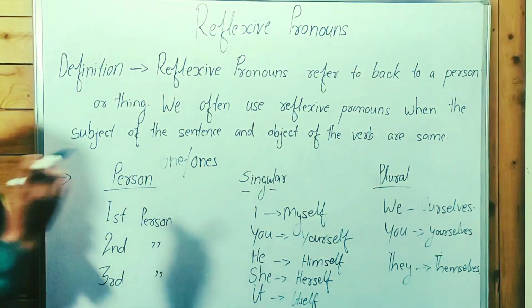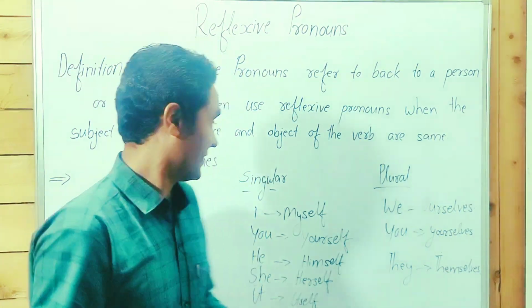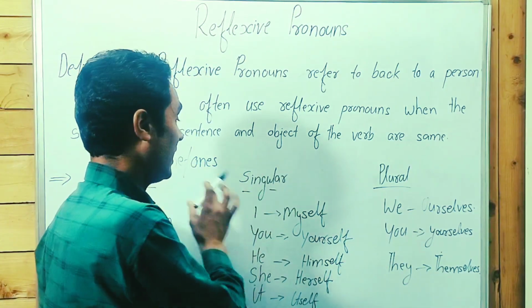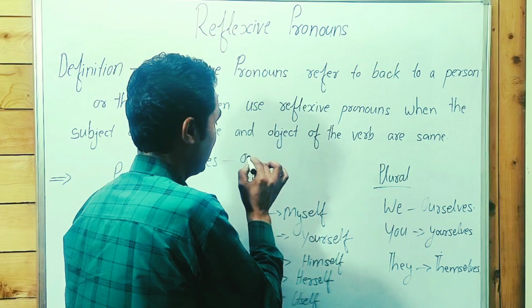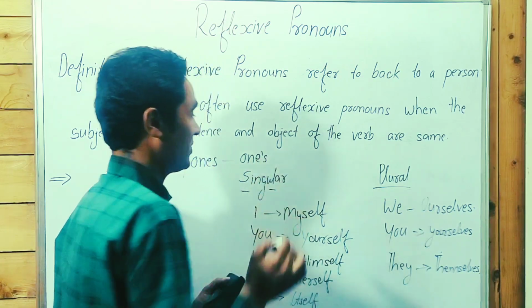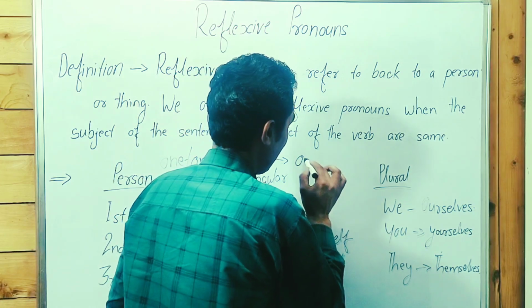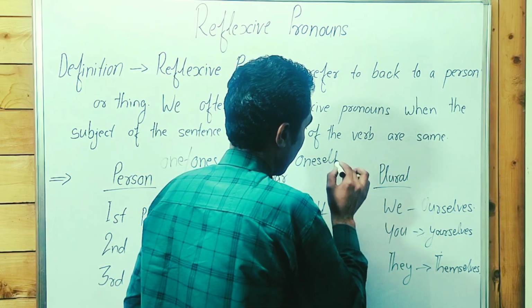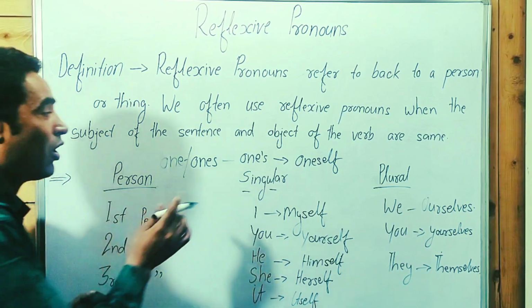And when we talk about objective case, same, ones and one. When we talk about possessive case, it's one's, with apostrophe s. When we talk about reflexive case, it is oneself. I hope you know about it.